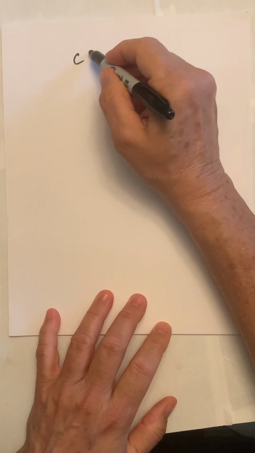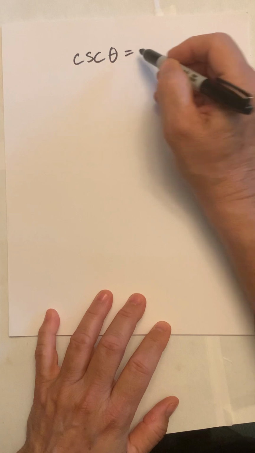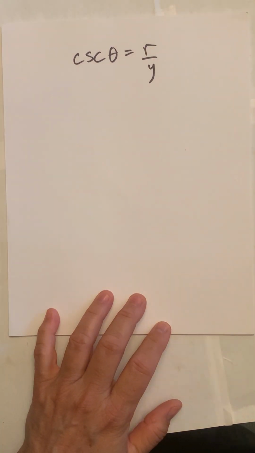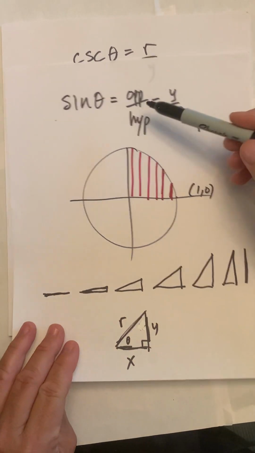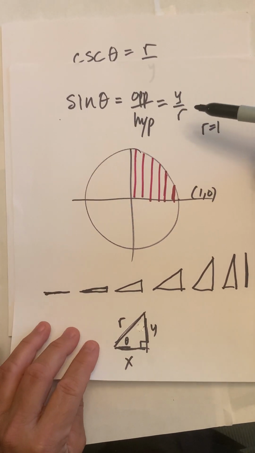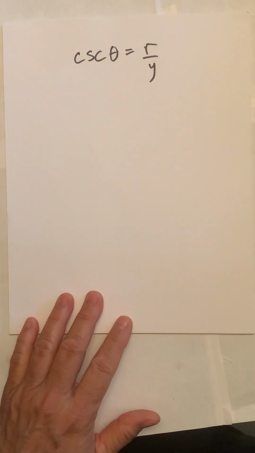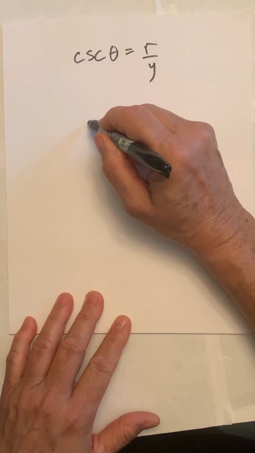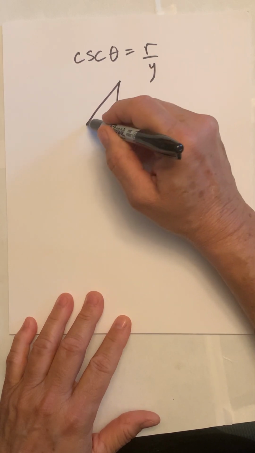Now, let's take a look at secant and cosecant. So let's look at cosecant of an angle. Well, that's described as r over y, which, as we know, is the reciprocal of sine, right? So here, no matter what right triangle you have, let's even exaggerate it a little bit more in the y.